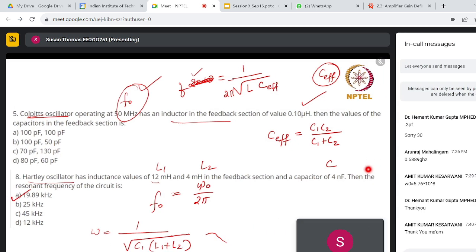Madam, effective capacitance 1.0146 microfarad. 1.01 microfarad. Yes, ma'am. I think somewhere in the powers you have a mistake.